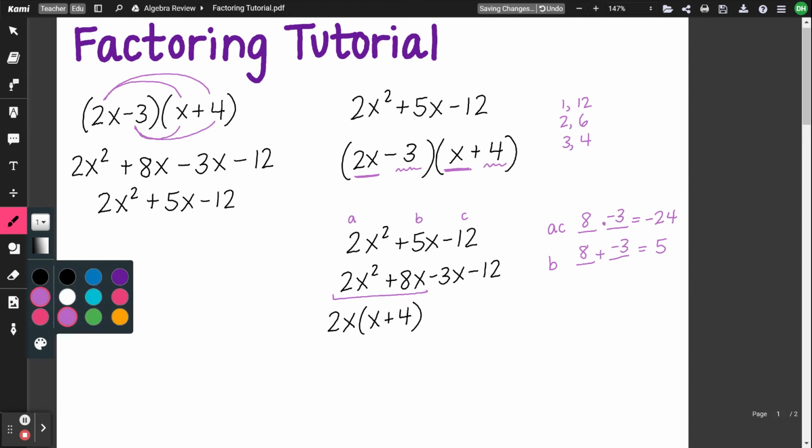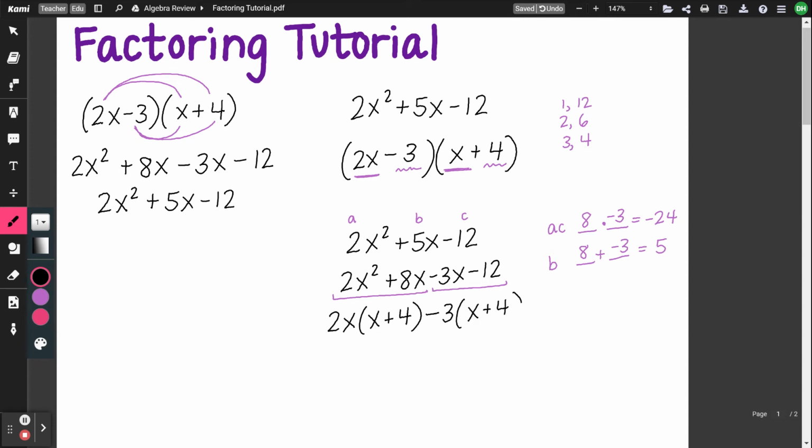And then I take the greatest common factor of the second group, that's a negative 3. So I'm subtracting 3 times x plus 4. Again, look at how what I'm writing in that line, if I was to distribute this and distribute this, it's equivalent to what's above.